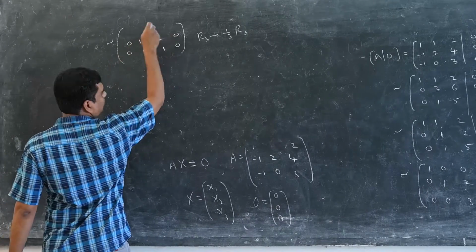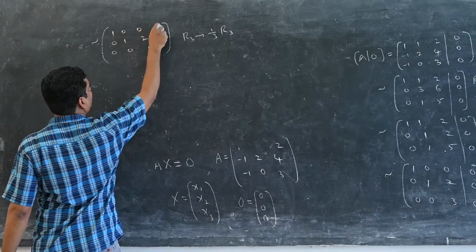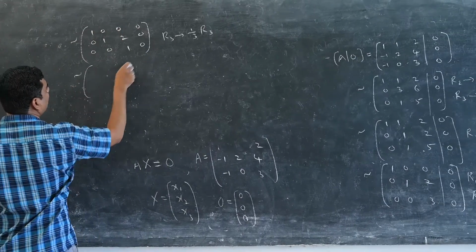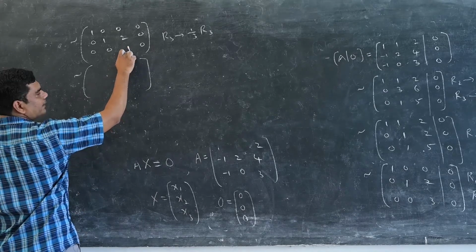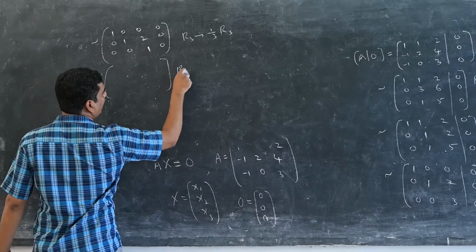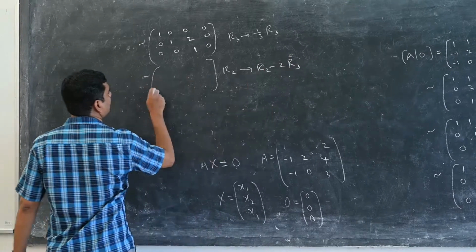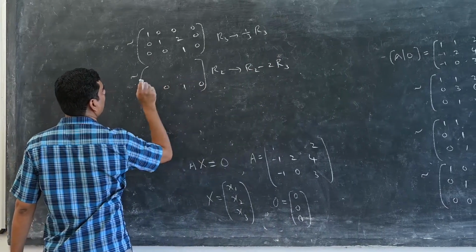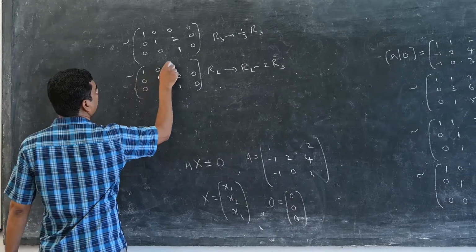Now we made this element 1. So make the other elements in that column 0. Make this 2 zero. So we have to do R2 goes into R2 minus 2 R3. 1, 0, 0, 0. 0, 1, 0, 0. 0, 0, 1, 0.